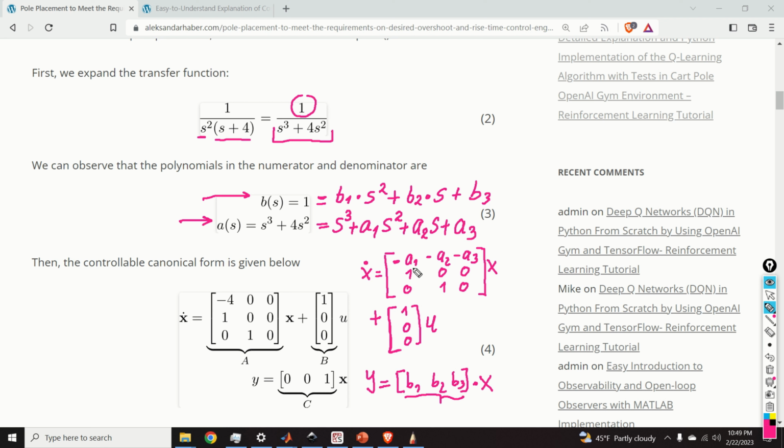Now, by substituting these coefficients from these particular forms of the polynomials, we can obtain this state space model. And this is exactly the state space model in the controllable canonical form.